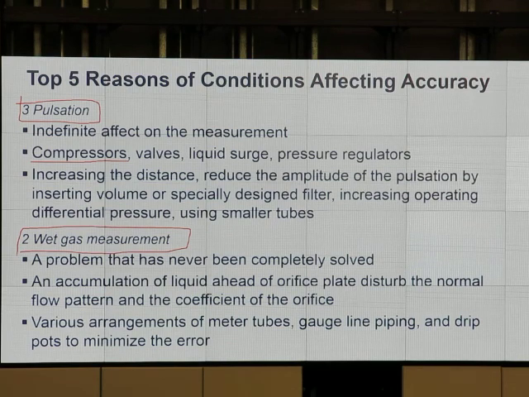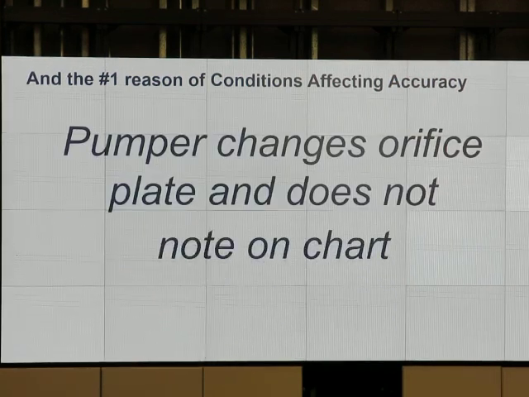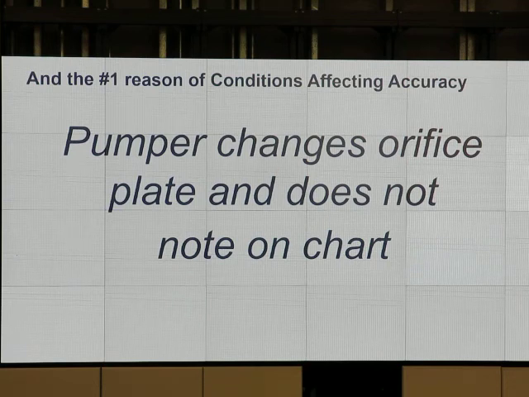Number one reason is the pumper changes the orifice plate and does not note it on the chart. I changed to a new one already, I didn't tell anyone. Whatever you get, it could be error. I changed from this hole to another size of hole.